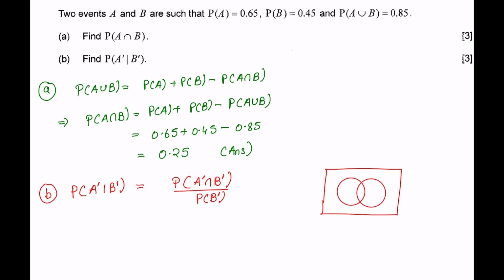So let's say this is A and this is B. The one which I'm highlighting with yellow is basically A prime. A prime is this yellow part, right? And the green part is basically B prime.